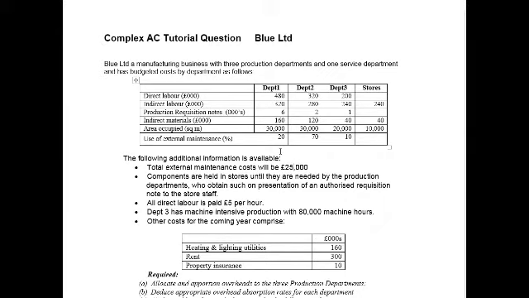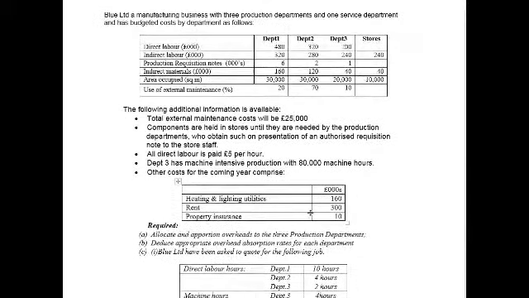So in this question labor hours are not given, so we have to work them out. Department 3 has machine intensive production with 80,000 machine hours. So we have been told that department 3 is machine intensive, using 80,000 machine hours. So the labor hours, if we work them out, will be less than 80,000 machine hours. That's why it has been called a machine intensive production department.